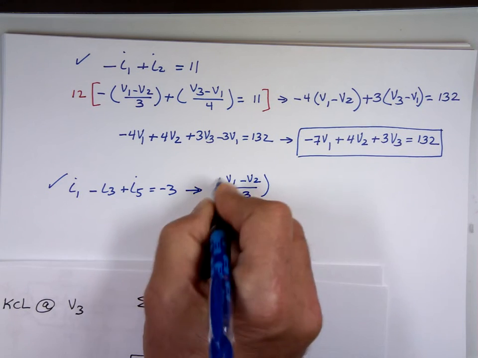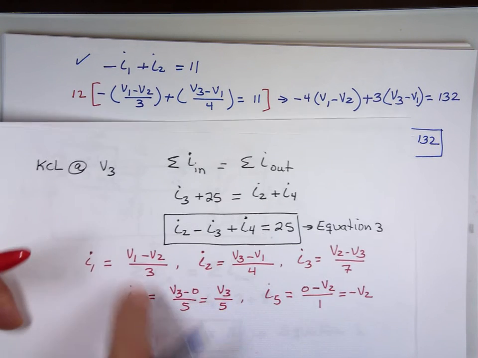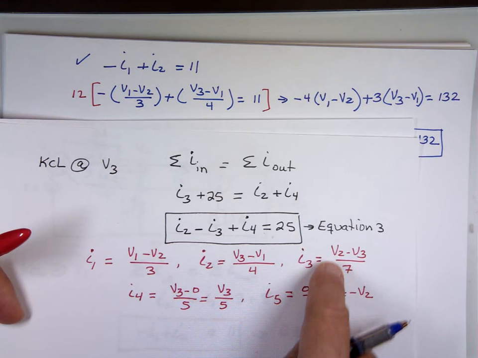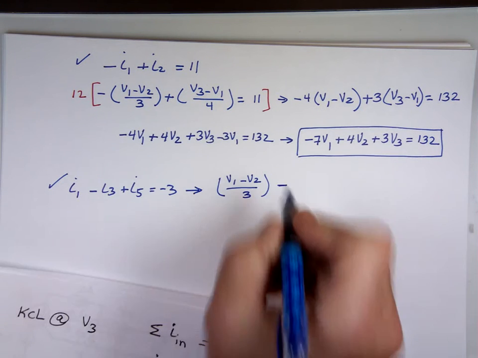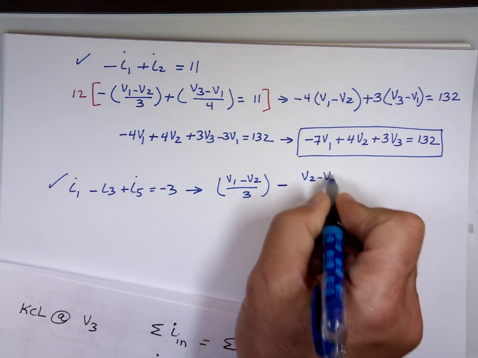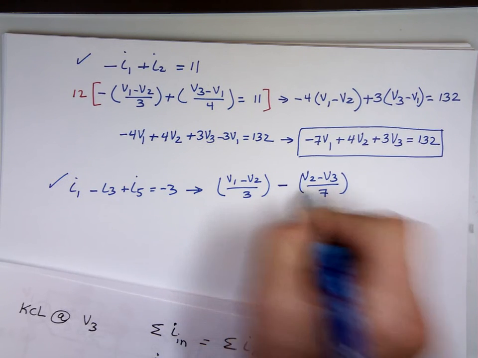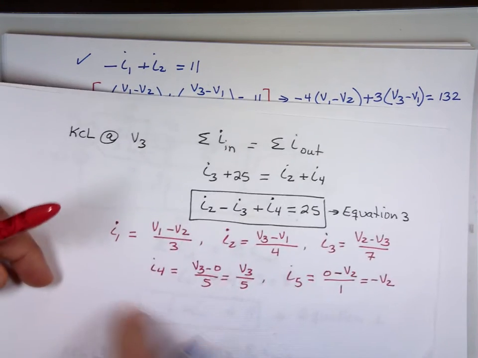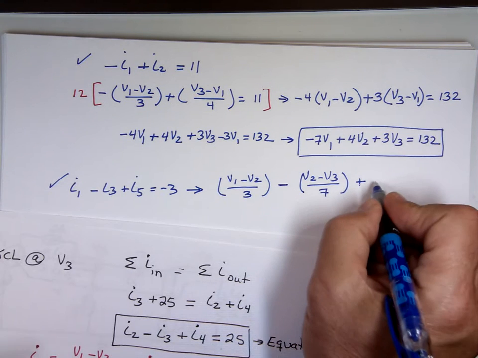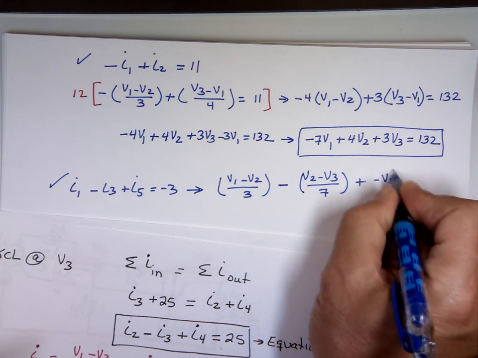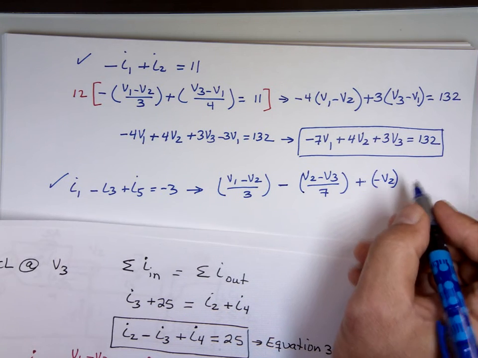I sub 3, where's I sub 3? V2 minus V3 over 7. Plus I sub 5, where's I sub 5? Negative V2. And that's equal to what? Negative 3.